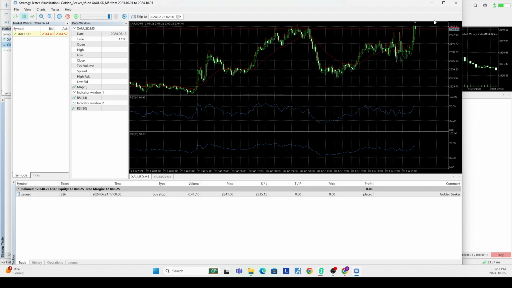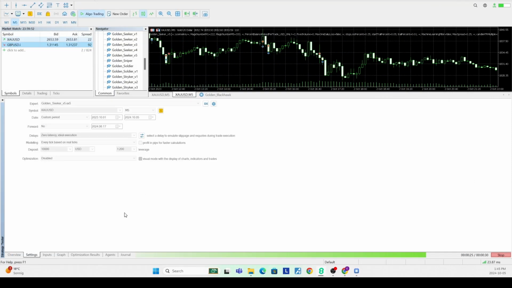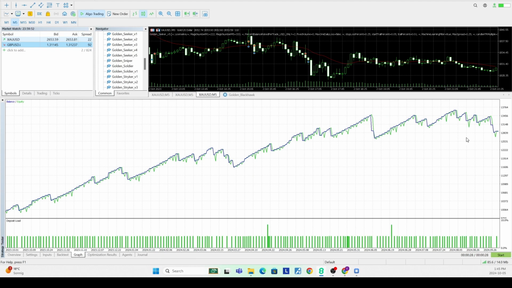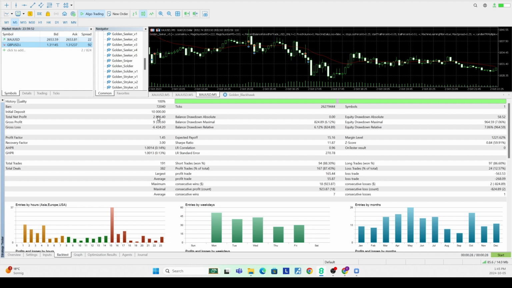I will just minimize it so we can look at the equity curve. As you can see, over 1 year, this would have made approximately a 30% return, risking only 2% per trade. You're also able to toggle it for higher returns or lower returns given your risk preferences.